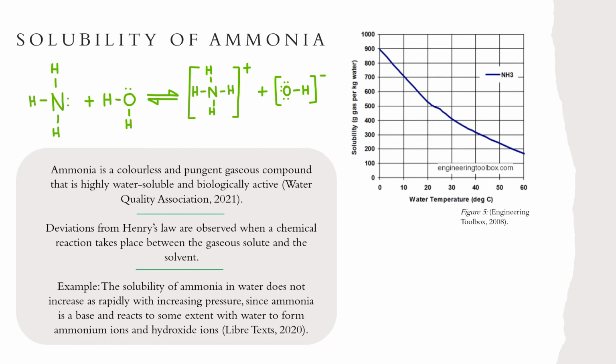Deviations from Henry's law are observed when a chemical reaction takes place between the gaseous solute and the solvent. So for example, the solubility of ammonia in water does not increase as rapidly with increasing pressure as predicted by the law, because ammonia, being a base, reacts to some extent with water to form ammonium ions and hydroxide ions.